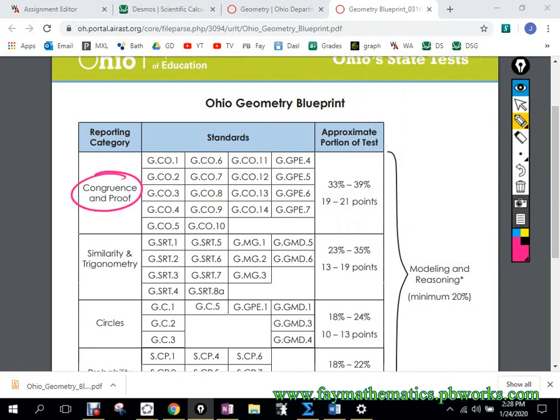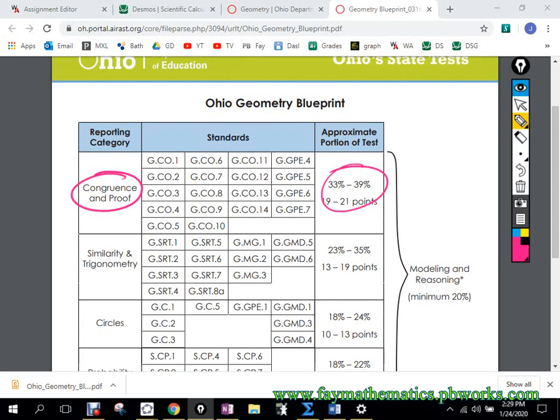That's the category. That's talking about showing triangles congruent, working with triangles congruent. There might be algebraic problems involved in here, and there might be proofs involved in here. But it's essentially everything we've talked about so far that is going to make up anywhere between 33 to 39% of your test. So a little bit under half of your test will be congruence and proof stuff.